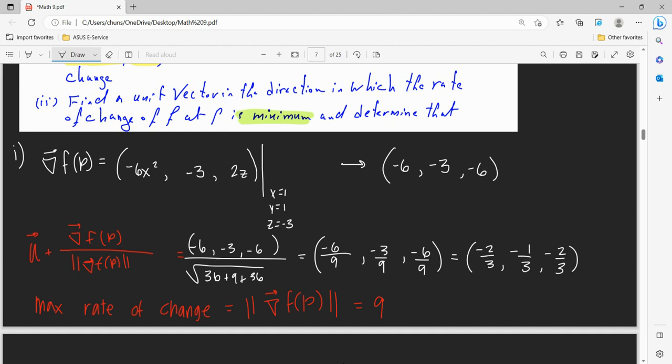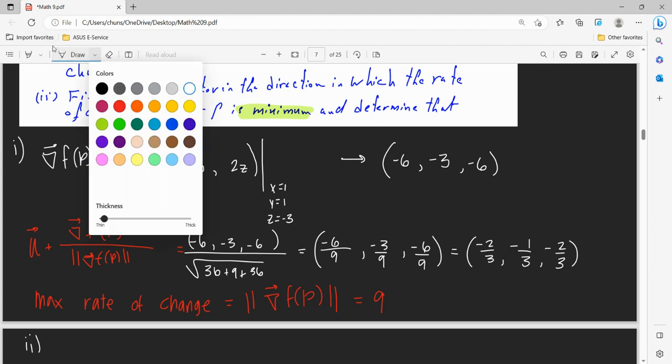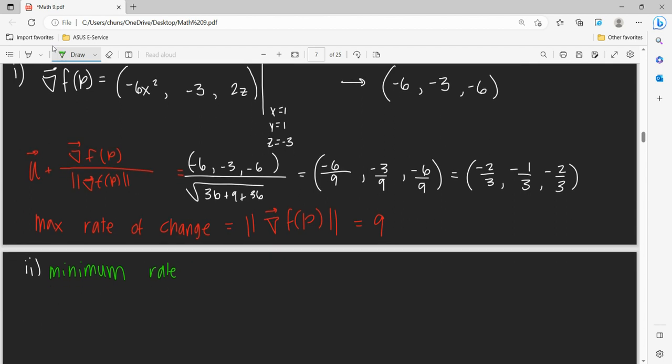Now for part 2, if we are finding the minimum rate, then minimum rate is going to be negative our magnitude. So if it was 9 for our maximum, it is now negative 9 for our minimum rate.